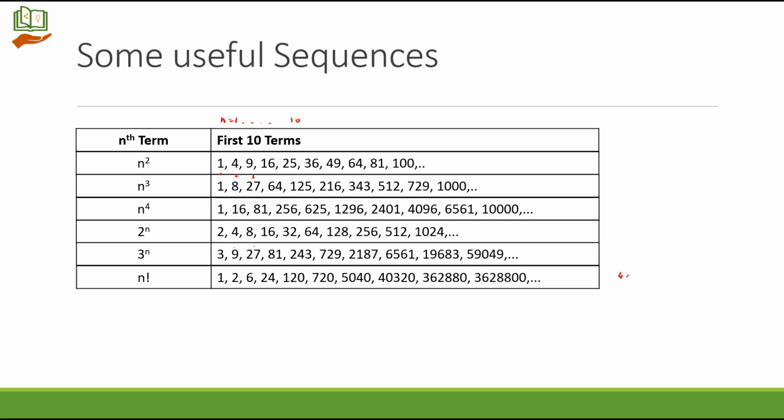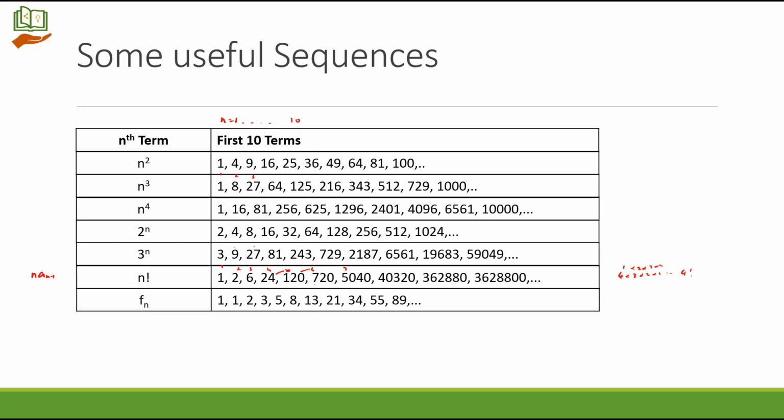Or the other way is 4 into 3 into 2 into 1. Somehow when you multiply you will get 24. Then for 5 factorial we have 120 and it goes on. This is 1, 2, 3, 4, 5, 6, 7. Just compute with the previous factorial. 5 into 24 will give 120. 120 into 6 will give 720. In recurrence relation, this is what we saw as n into an minus 1.